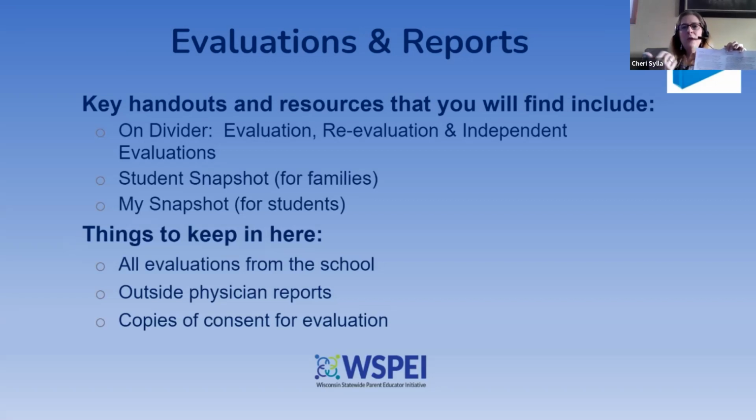Typically reevaluations occur to determine if the student still qualifies for special education, and if there have been any changes in the child's needs in regard to special education. And then the third type of evaluation is the independent educational evaluation. And that's at the very bottom.